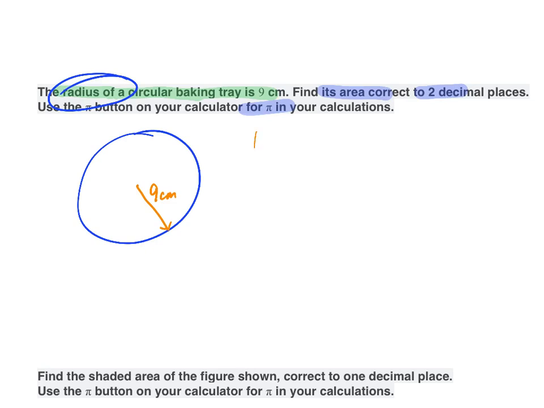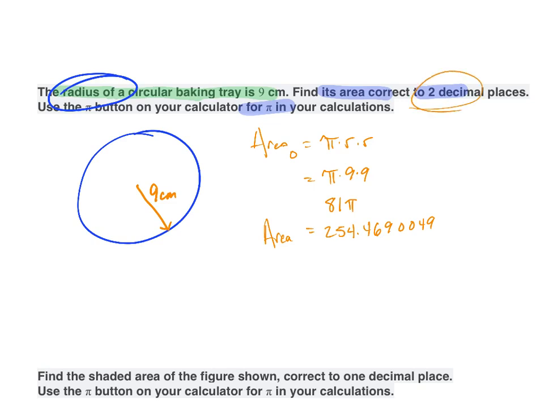We're talking about the area of a circle equals pi r squared, which means we're going to have pi times 9 times 9, which means we're going to have 81 pi. So when you plug that into the calculator, you know that the area of this circle is 254.4690049. That's what it says on my calculator.